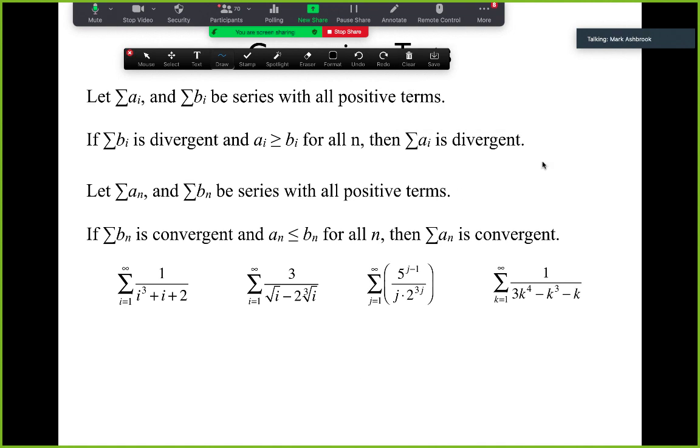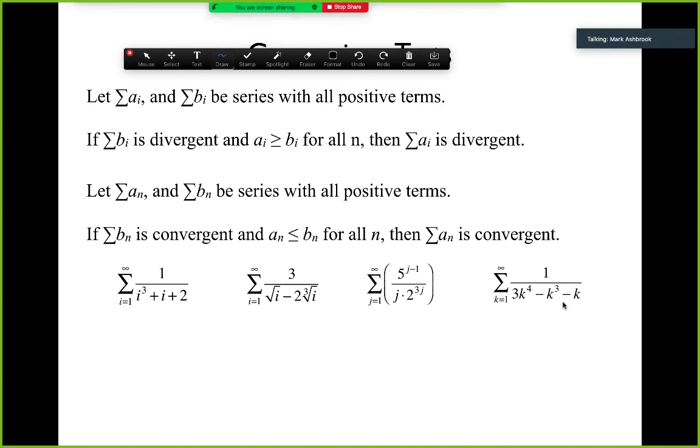All right, this last one. So this last one, okay, so we look at this and we say, oh, this is like a p series, 1 over k to the 4th. How do all these terms compare to, say, 1 over 3k to the 4th?